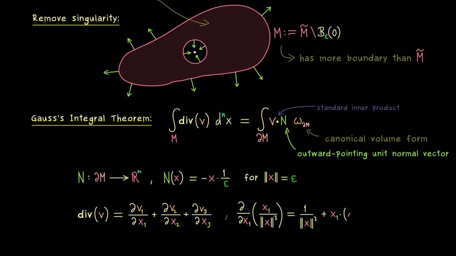This means now we explicitly consider x1 squared plus x2 squared plus x3 squared. And now the cube in the denominator means that we actually have the power minus 3 halves here. And now we want to calculate the derivative of that, which means minus 3 halves comes in the front. And we have to reduce the power by 1, so we have minus 5 halves. And moreover, we also get in the inner derivative, which is 2 times x1.